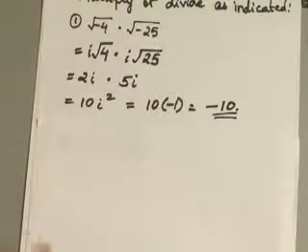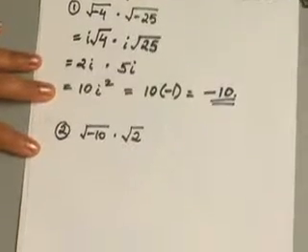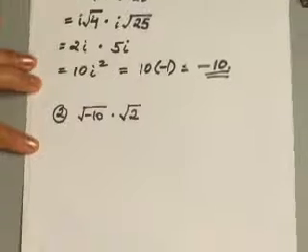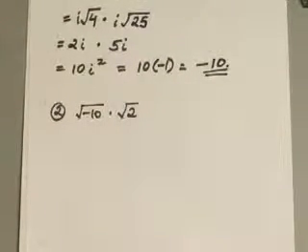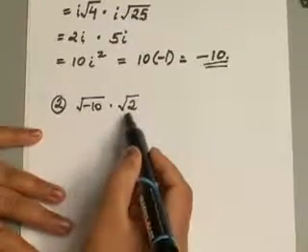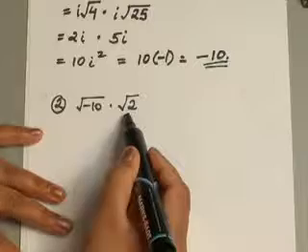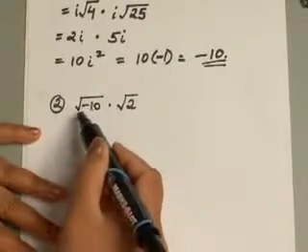Let's take a look at another example. And here also we're trying to multiply. So this time you have square root of negative 10 times square root of 2. And of course, this is a positive radicand here, so you don't have to worry about this guy. But this term is square root of negative 10.